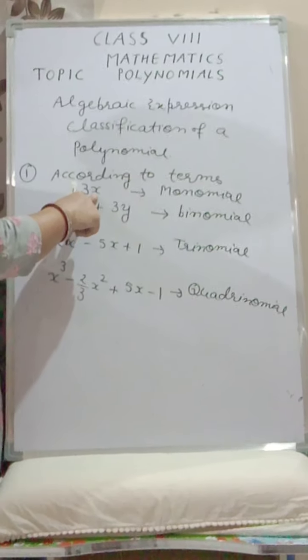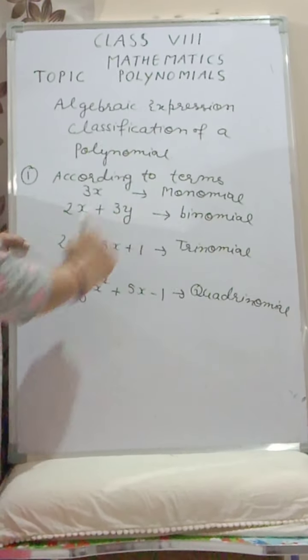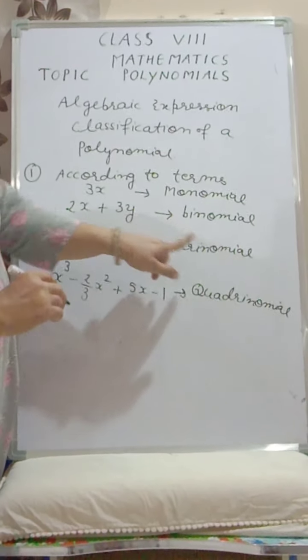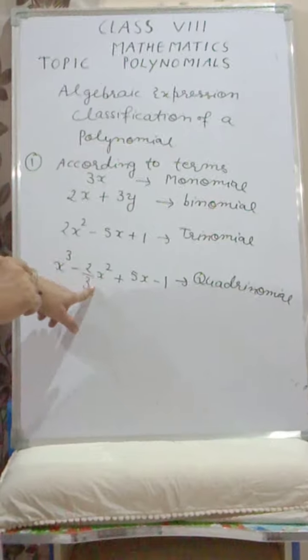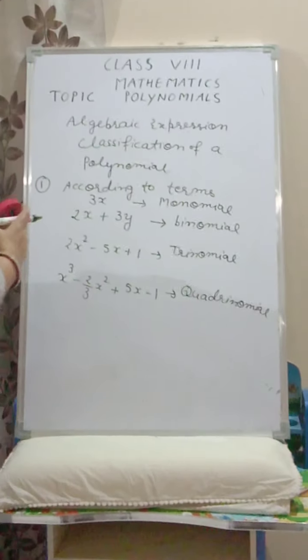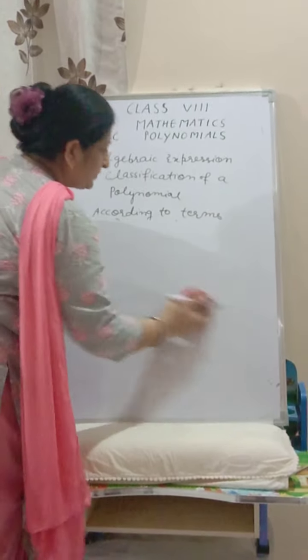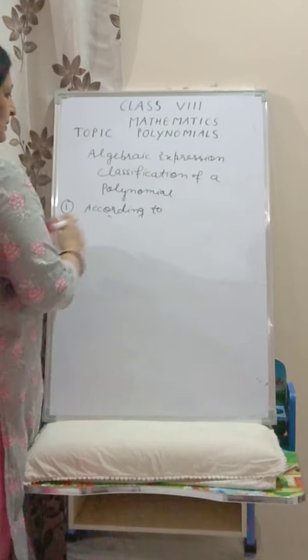Having one term is called monomial, two terms binomial, three terms trinomial, and four terms quadrinomial. Second is according to degree.